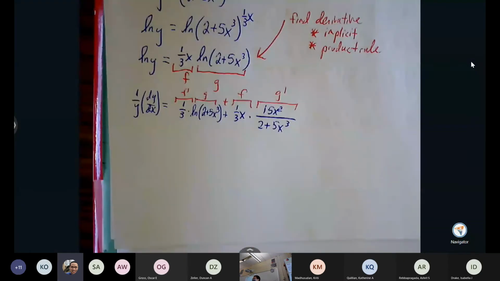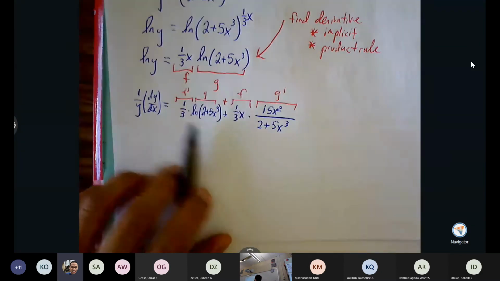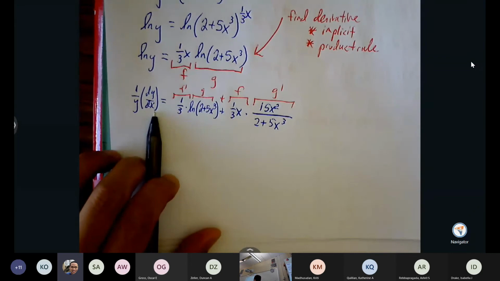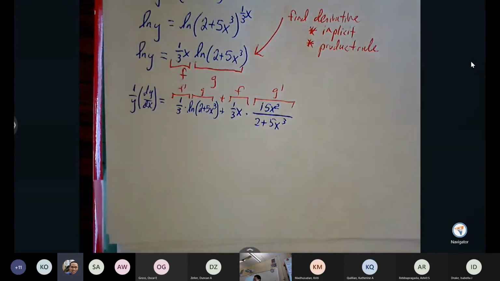Okay, your derivative with logarithmic differentiation is just going to be messy. Don't worry about having to clean everything up. If you can get dy dx by itself on the left side, you're doing good. So how do we get dy dx by itself? Divide by 1 over y, which is the same thing as multiplying by y.